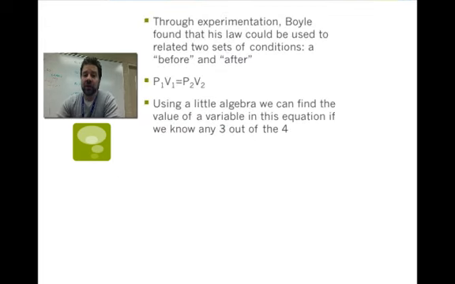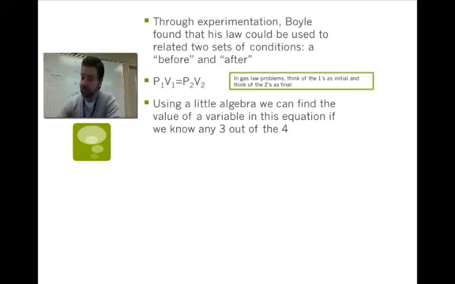Okay, so through experimentation, Boyle found that his law could be used to relate two sets of conditions, a before and an after. And how it looks is like this: P1 times V1 equals P2 times V2. Two sets of conditions. In gas law problems, I want you to think of where you see the subscript 1 as initial conditions and where you see the subscript 2 as final conditions.